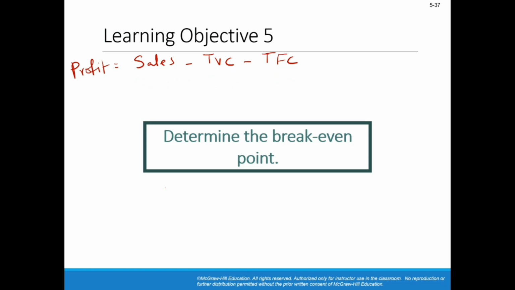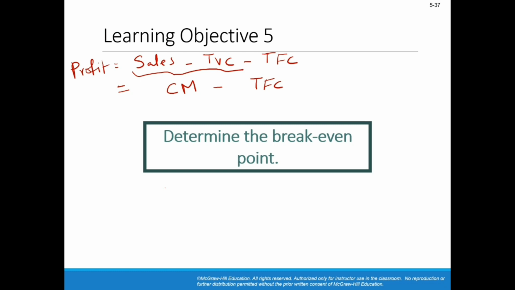Now, can we replace this thing here by simply saying that it's CM minus total fixed cost? It is the case. Sales minus total variable cost is contribution margin.